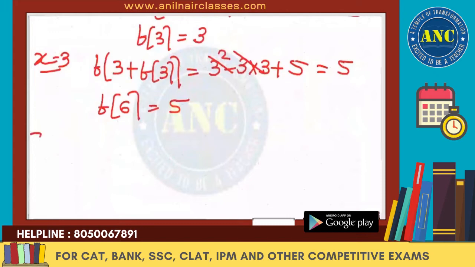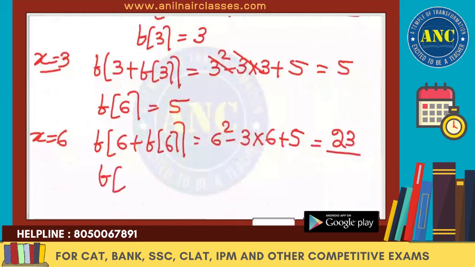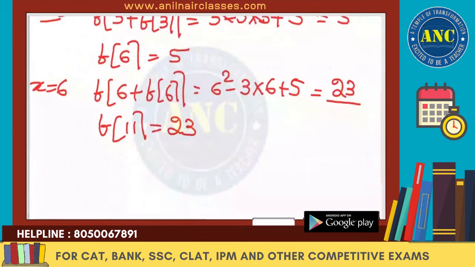Again take x equivalent to 6. This is nothing but f of 6 plus f of 6, which is 6 square minus 3 into 6 plus 5. 36 minus 18, 18. 18 plus 5, 23. F of 6 is 5. So f of 11 is 23. Again put x equivalent to 11.